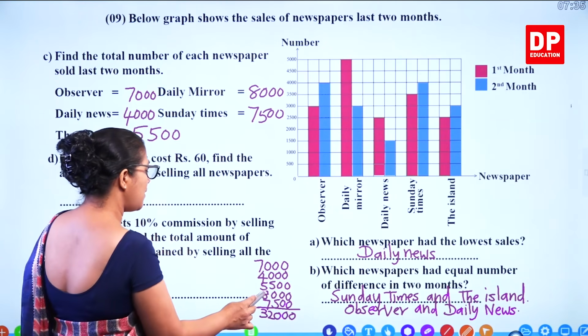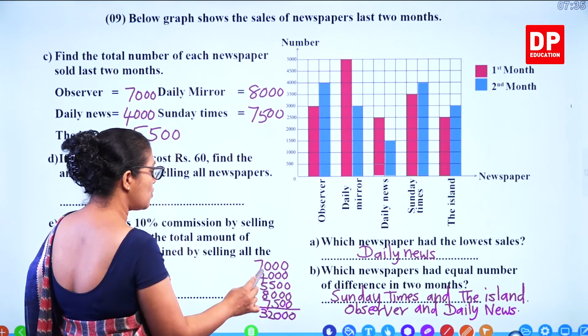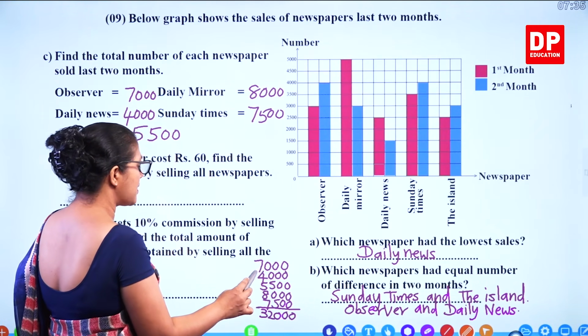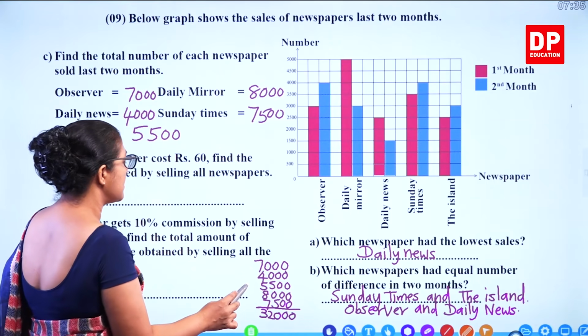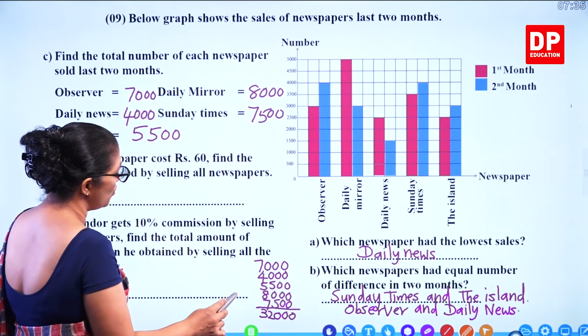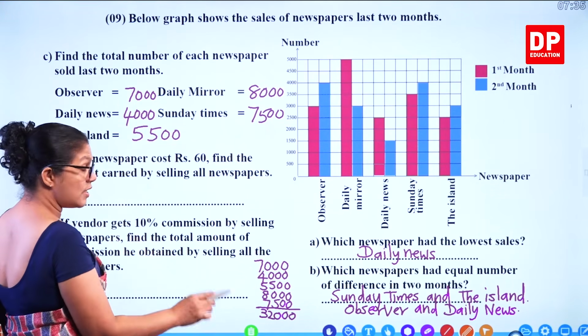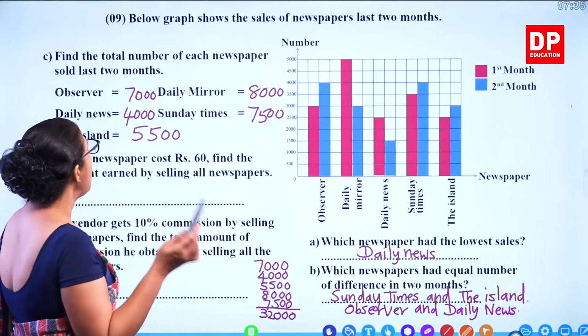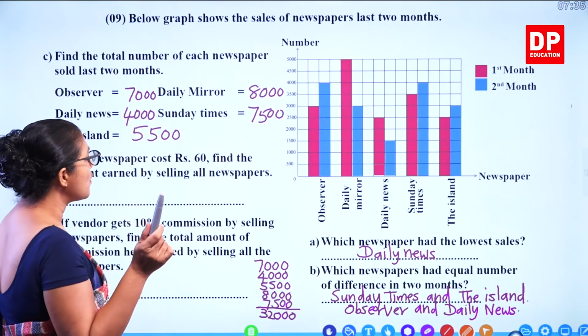So add it again. 15, 20, 27, 28 and 32. So 32,000 newspapers altogether, and each paper is 60 rupees.